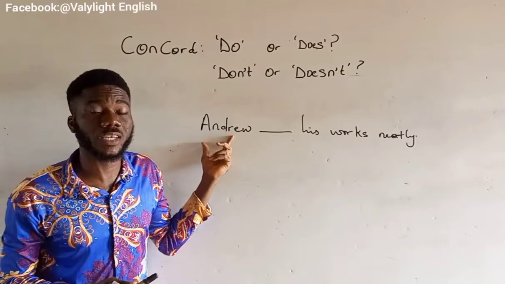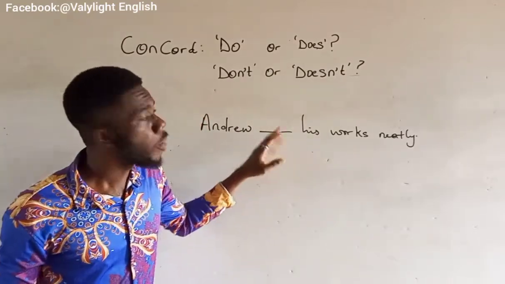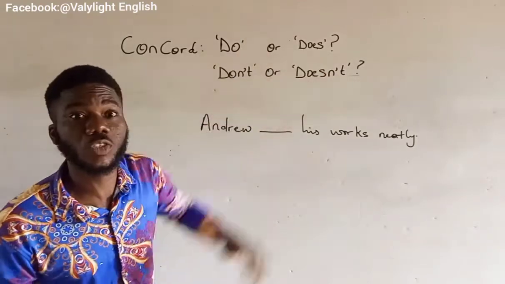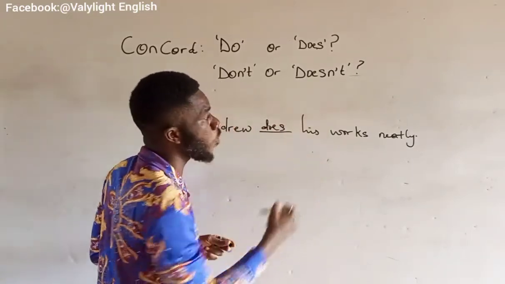This is the subject of the sentence. It is singular. Therefore, any verb that has to be used after it must be in the singular form. And the singular form of these two is does. What you should have there is Andrew does his works.